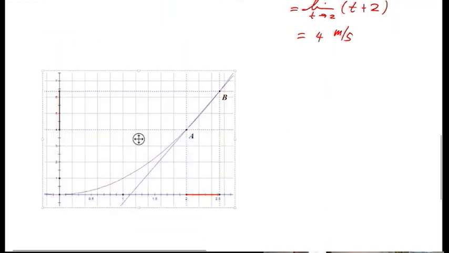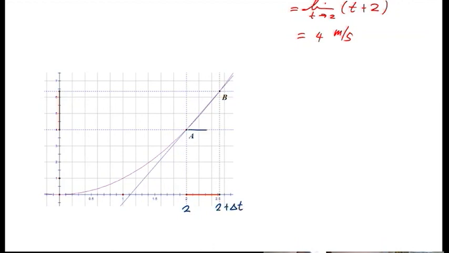What I was going to do earlier, let's say this is t and this is t plus delta t, meaning this is still delta t right here, and this is still delta x, okay? And we're going to take a limit. So our velocity at 2 is still limit of delta x over delta t as delta t approaching 0.